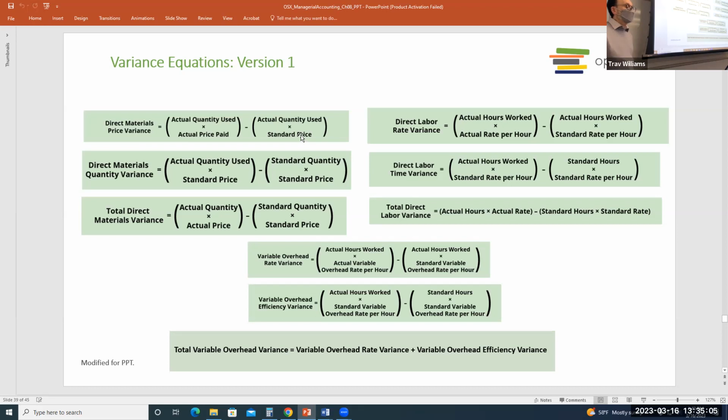So that means if we have all the rest of this information, we can figure out standard price, basically solve for X. If we wanted to use the second formula, you see how standard price is in there twice. So that's not really going to work. Maybe we could use this formula. But let's just go ahead and use this first one. So again, actual quantity times actual price minus actual quantity times standard price.